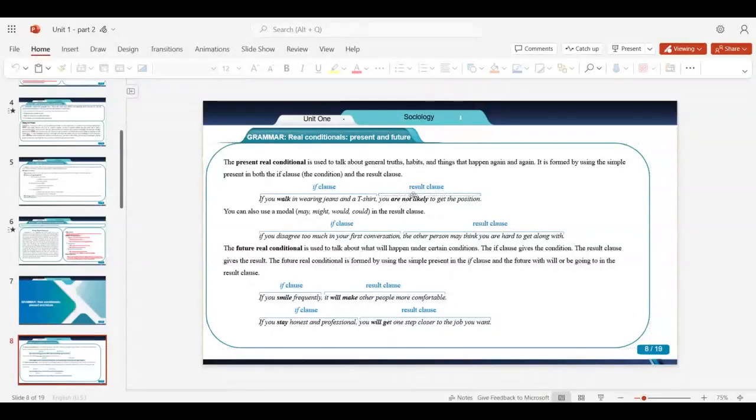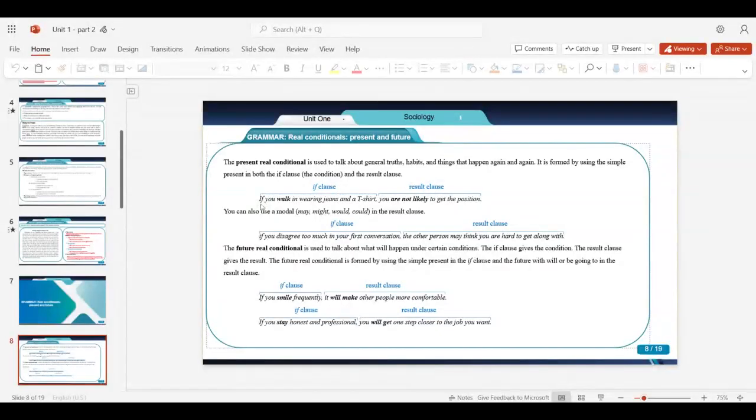Usually we use modals, but if you don't, it's okay. So this is the if clause: if you walk in wearing jeans and a t-shirt. The conditional starts with the if clause.